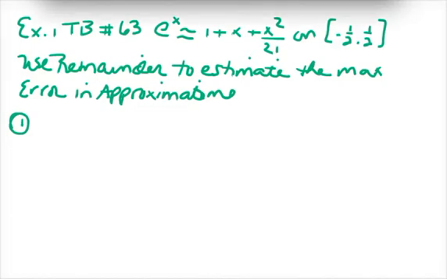So here's an example where we're going to use the remainder to estimate the maximum error in the approximation for e to the x. And the Taylor polynomial that you're given is a second order polynomial. So we're going to define the remainder using Taylor's theorem.